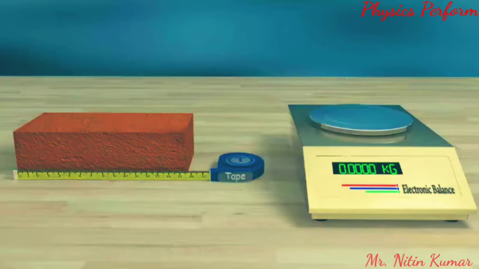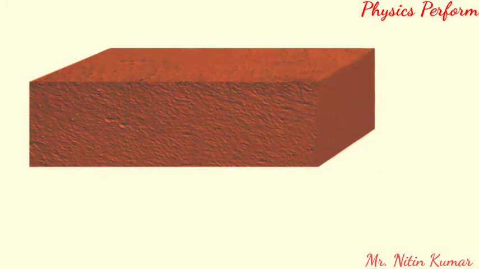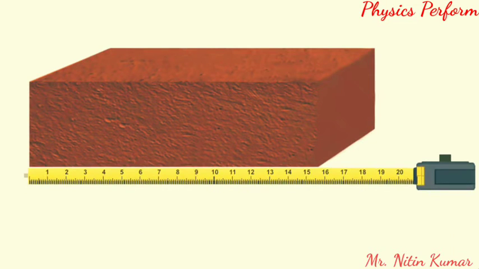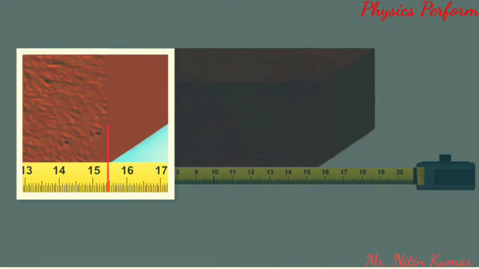Whenever we measure the length or weight of an object, we note the measurement in the form of numbers. Here's a brick. Let's measure its length. Observe that the length is between 15.4 centimeters and 15.5 centimeters.